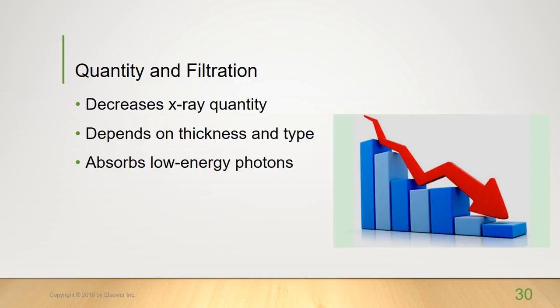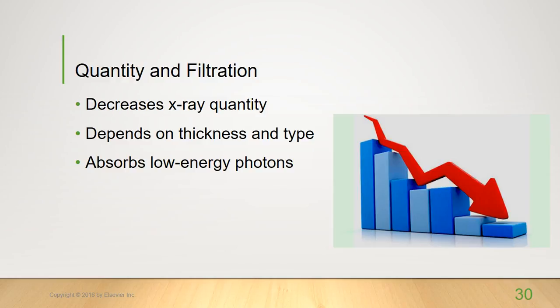The last one that we have is quantity and filtration. The extent to which the use of filtration decreases X-ray quantity depends on the thickness and the type of filtration material. Filtration absorbs low energy photons that do not contribute to the image and would actually add to the dose. Added filtration placed at the collimator serves to reduce patient dose.